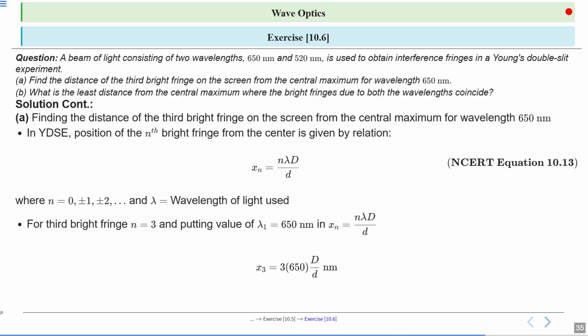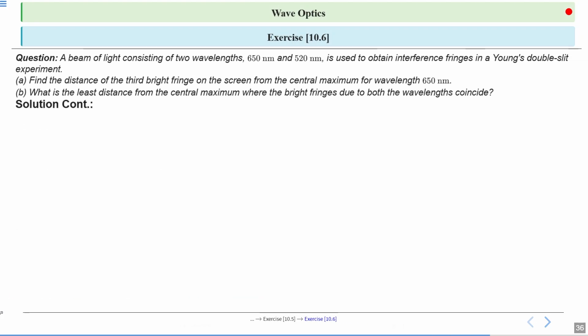We are not given the distance of the screen from the slits and the separation of the slits, so we will write them as they are in the form of notations. So again, x3 equals 3 multiplied by 650 capital D upon small d nanometer.